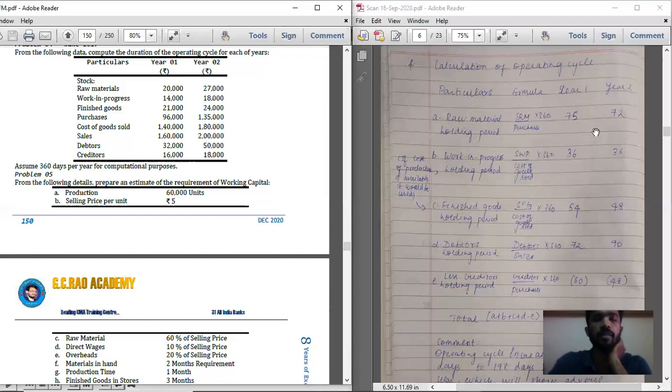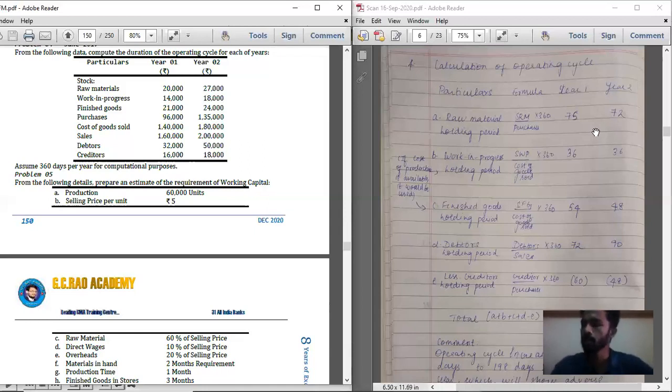How will you calculate the work in progress holding period? It can be calculated using cost of goods sold. So in respect of the formula, put stock of work in progress divided by cost of goods sold into 360.